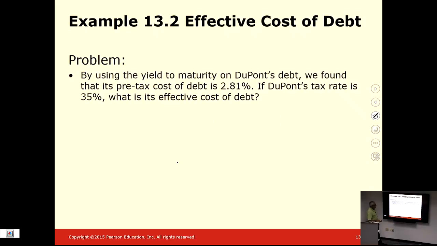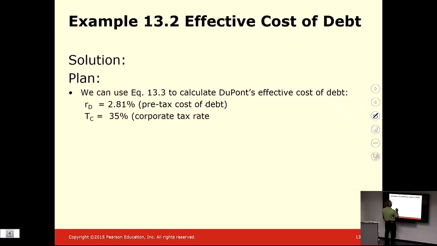So given that, if the pre-tax cost of debt is 2.81% in this problem, you can think of this as the yield to maturity on DuPont's bond, and DuPont's tax rate is 35%. What is the effective cost of debt? Of course, RD is 2.81, TC is 35%.